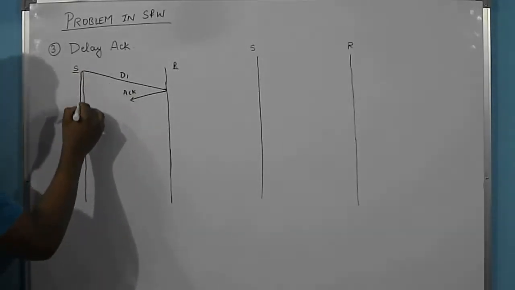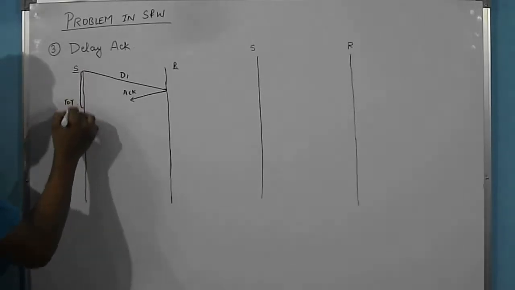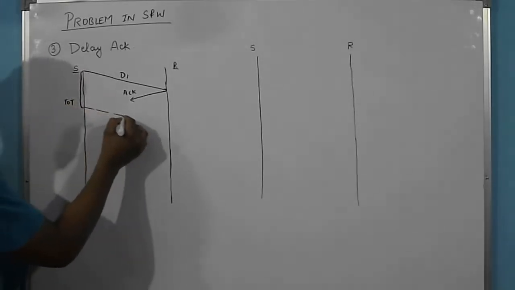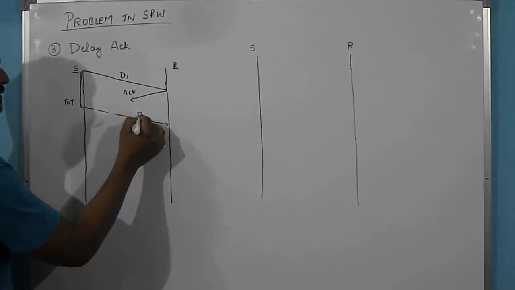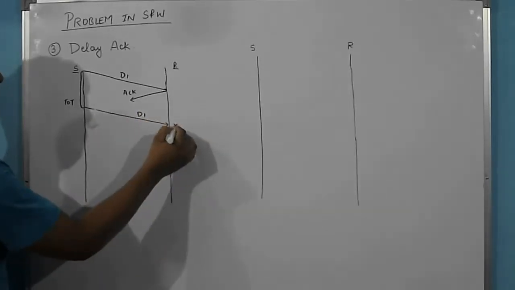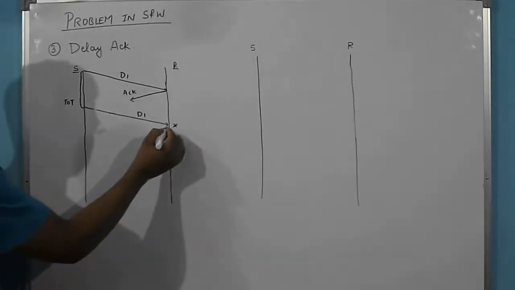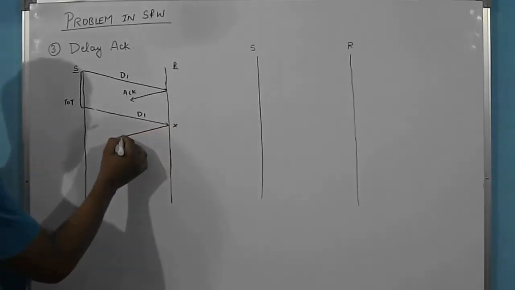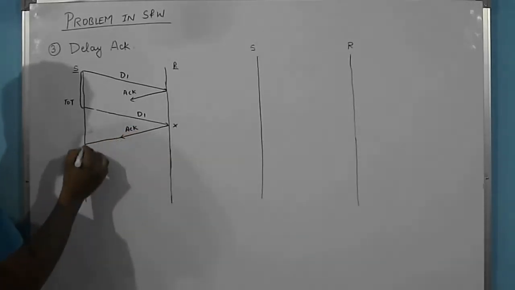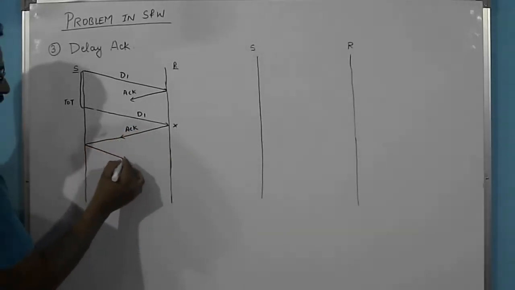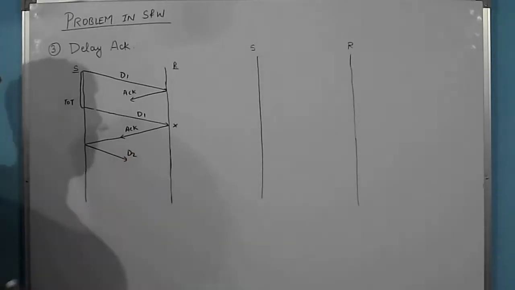So what happens? After the timeout timer expires, sender resends this data packet D1, and receiver rejects this data packet because it is a duplicate data packet, and receiver sends acknowledgement. Sender sends the next data packet D2.